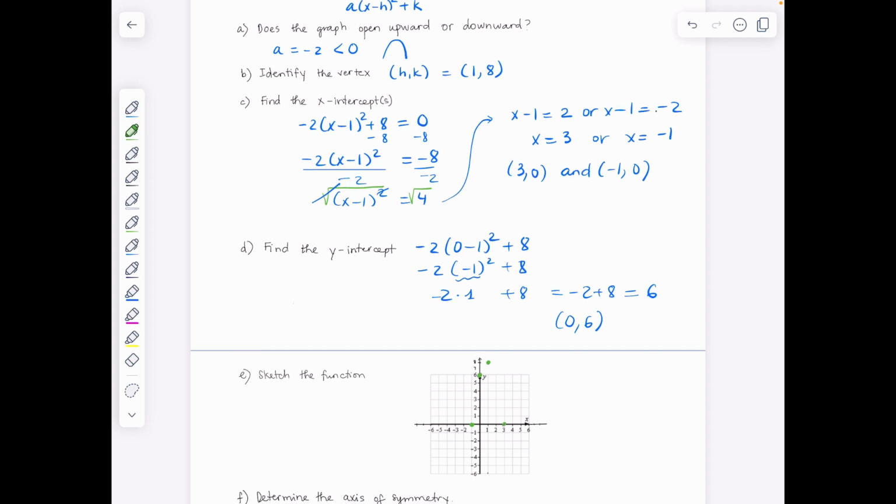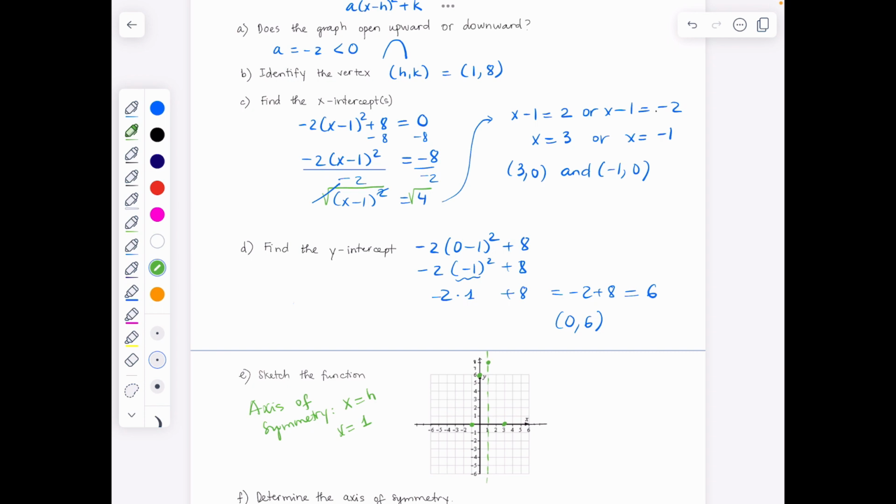And very important, you graph the axis of symmetry. Remember, the axis of symmetry is the line defined by x is equal to h. In our case, h is 1, so x is equal to 1. And the graph of that is going to be a vertical line.